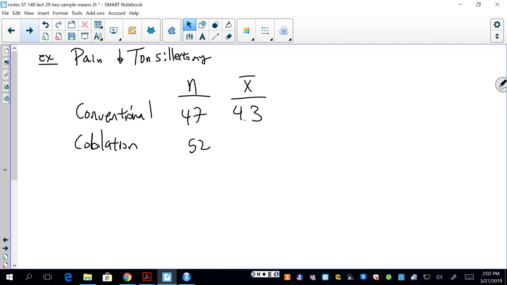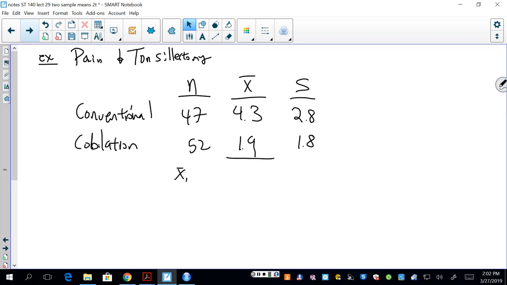The average was 4.3 here, and 1.9 here. The standard deviation of the measurements was 2.8 in this case and 1.8 over here. Does this alternative surgical approach reduce pain on average? It certainly looks promising, right?